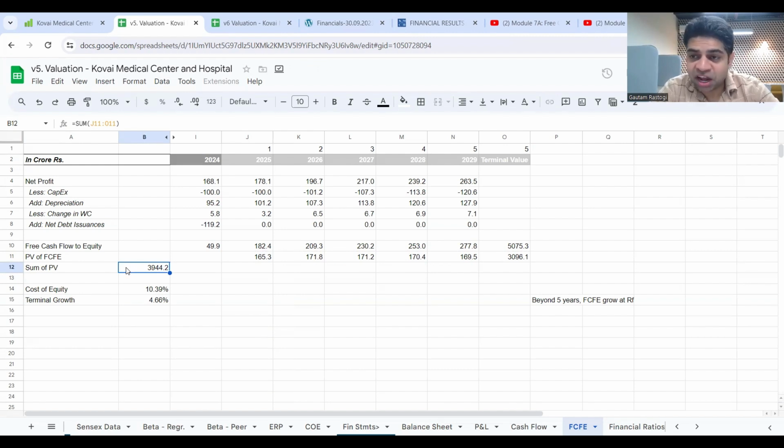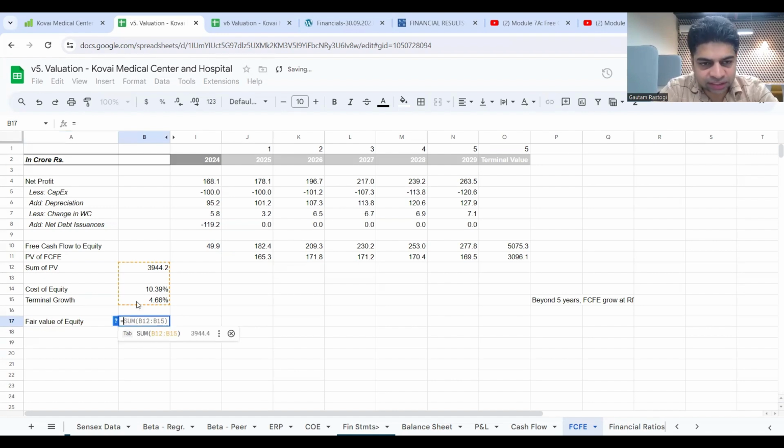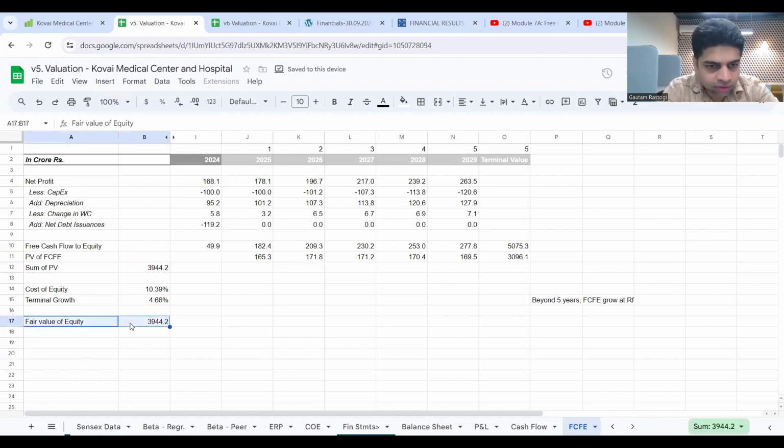The sum of present value is the fair value of equity for this business. So fair value of equity is this number. We did all this exercise until now just to arrive at that number.